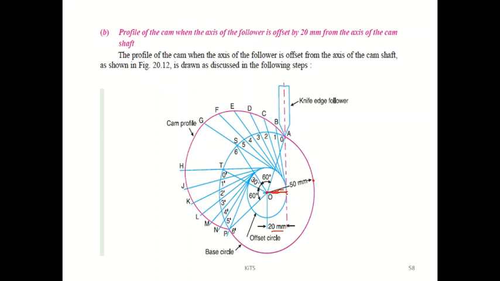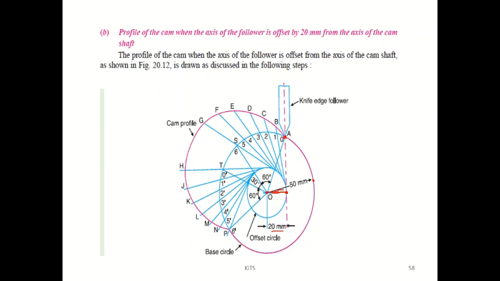Take this left corner and draw a vertical line and mark point O. Take this left end of the circle and draw a vertical dotted line and mark point A.